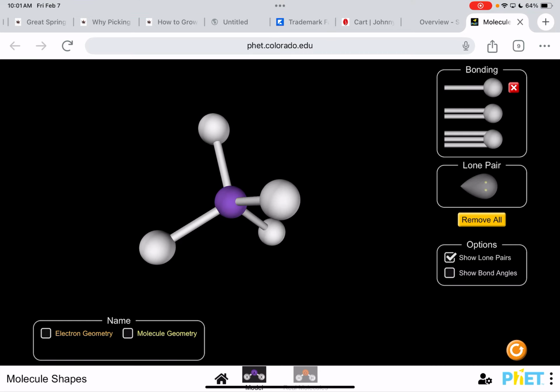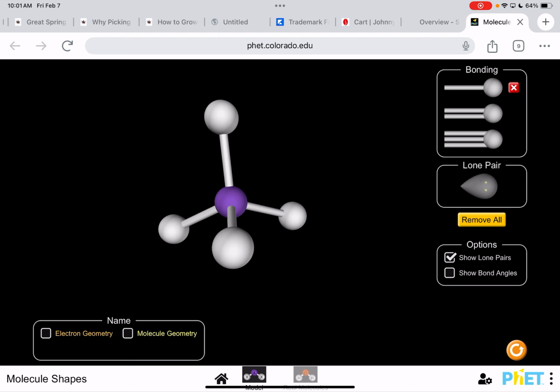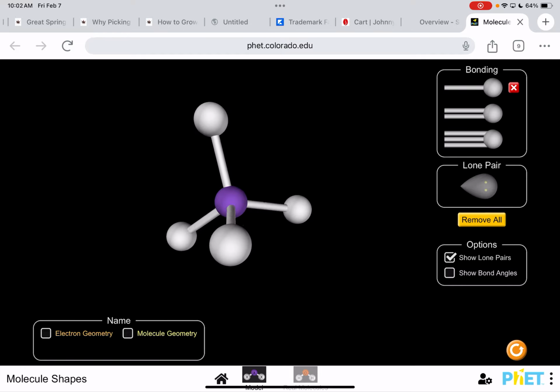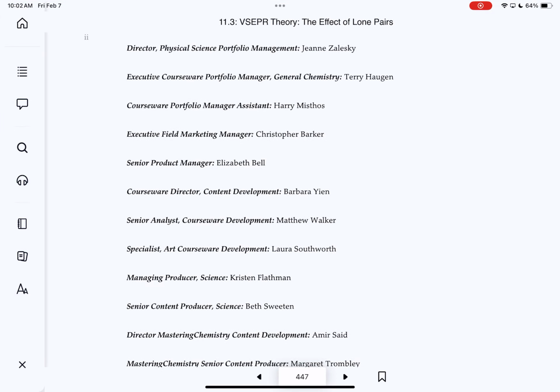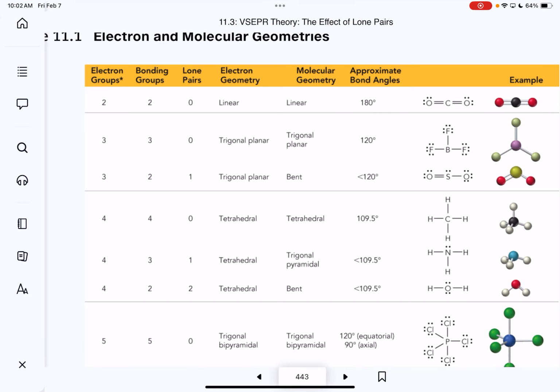I don't want you to just know that if something has 4 bonding groups, 4 electron groups, 4 bonds, that it's tetrahedral. I don't want you to just repeat the name. I want you to be able to visualize this because the name's only going to get you so far.